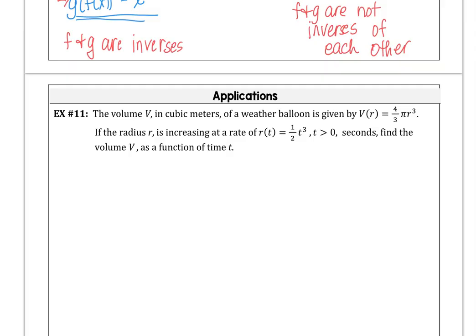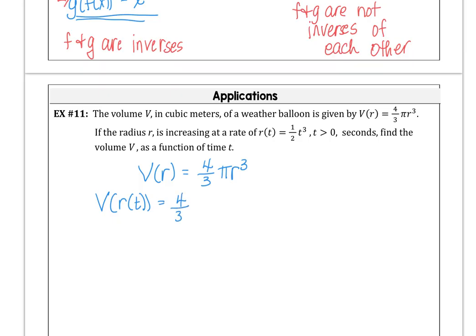So we're given V of r is 4/3 pi r cubed, and we want to substitute the r of t for the r variable.